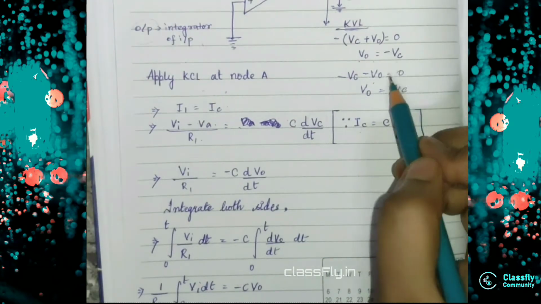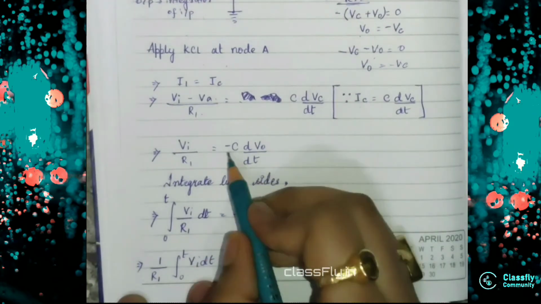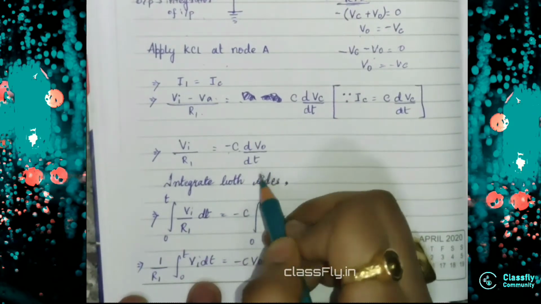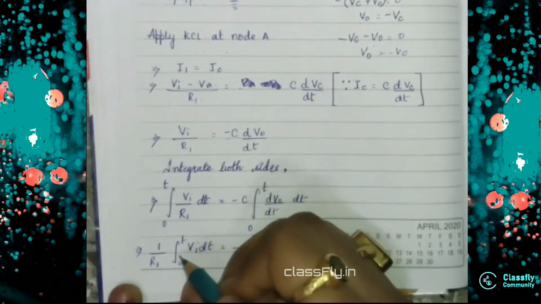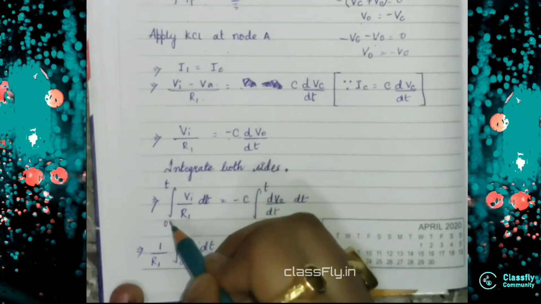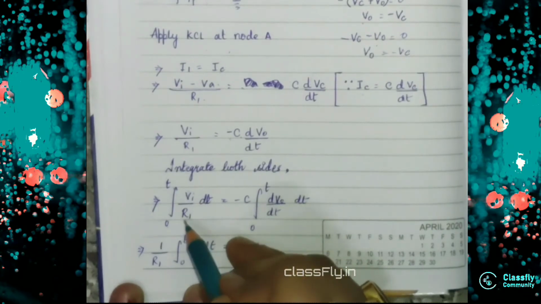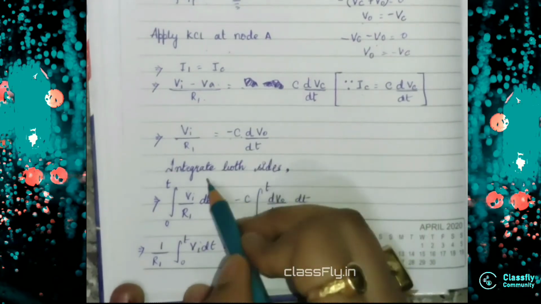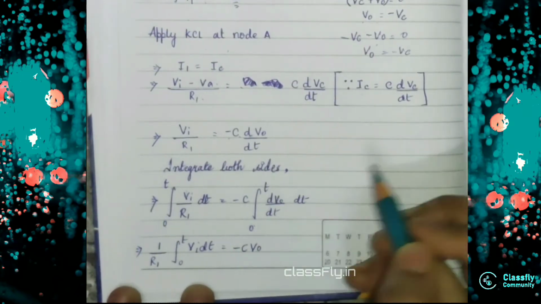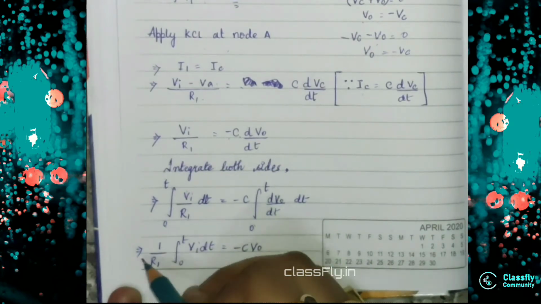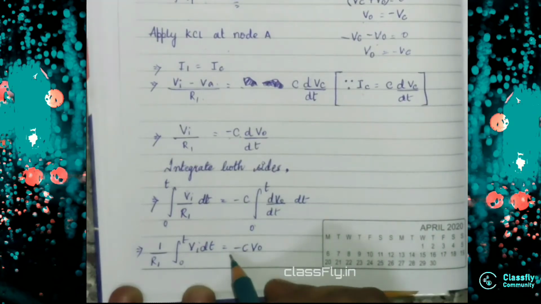Now I will put this part in this one. So I wrote Vi by R1 equals minus C dV0 by dt. Now I will integrate both sides with respect to t, with lower limit 0 and upper limit t. So 1 by R1 comes out, and integral from 0 to t of Vi dt equals minus C, which comes out, times the integral of dV0 by dt.